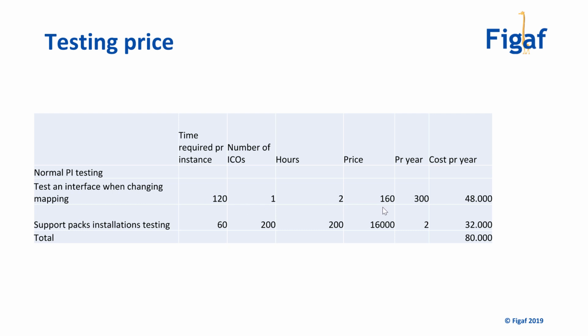And that means if you have 300 changes, it will be around 48,000 euros a year just for testing these things. If you have 2 support packages of 200 interfaces and you spend an hour for testing each of them, it will cost you 32,000 a year. And obviously I would need to adjust this also and see how you can actually use the SAP tool, what the performance of that one would be.